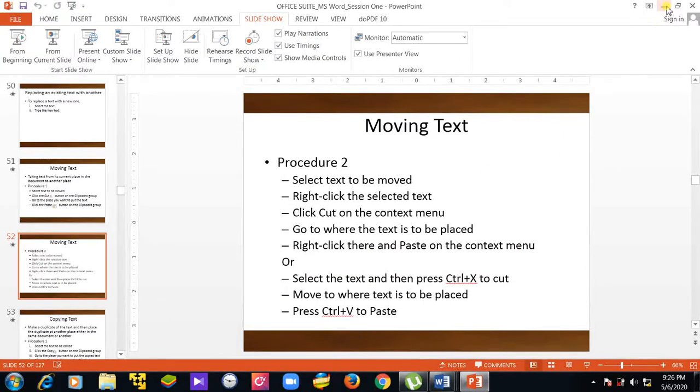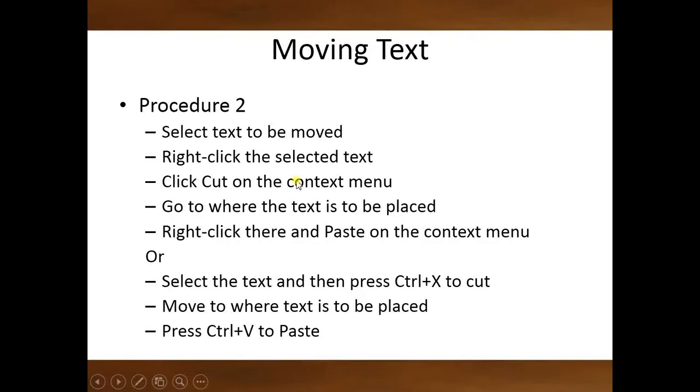of moving text would not be for you to use the buttons on the clipboard group, but you have to make use of the context menu. And the procedure is given to us as follows. Step 1. Select the text to be moved. Step 2. Right-click the selected text.